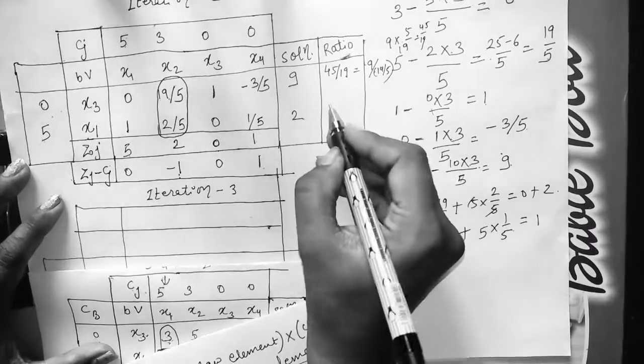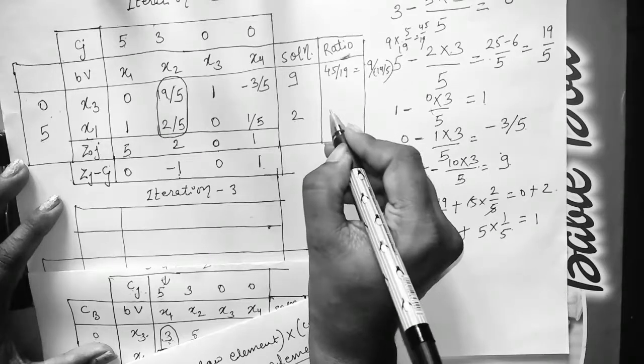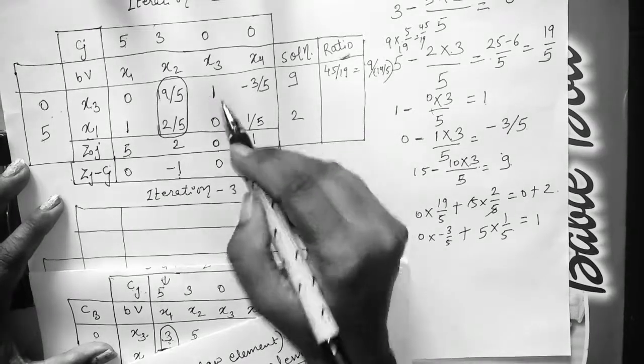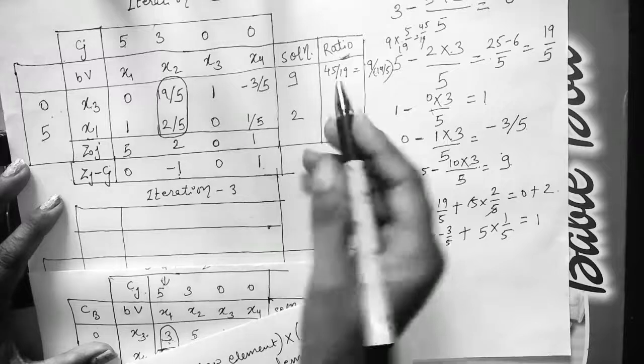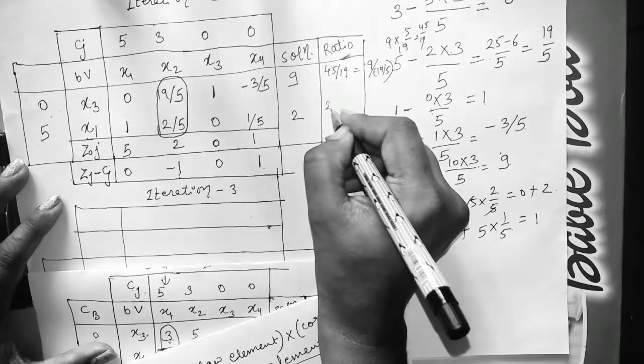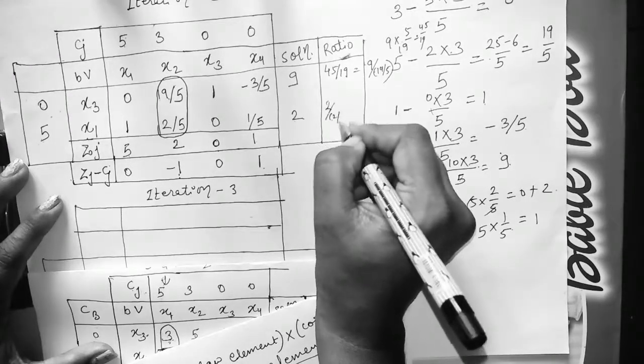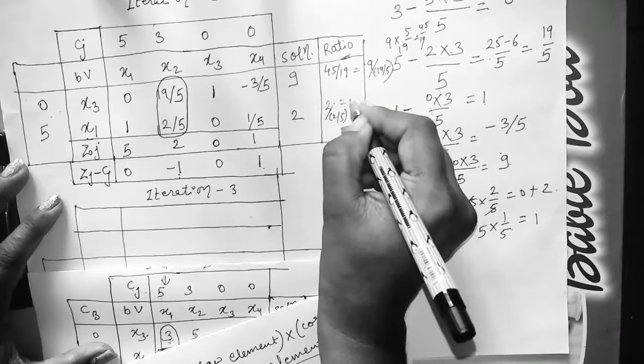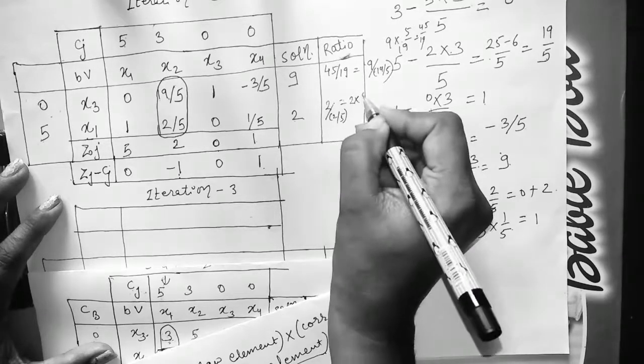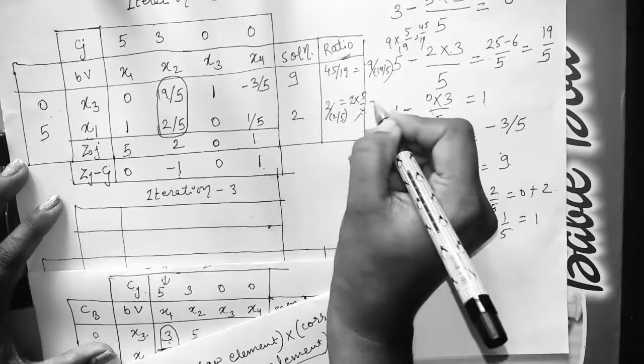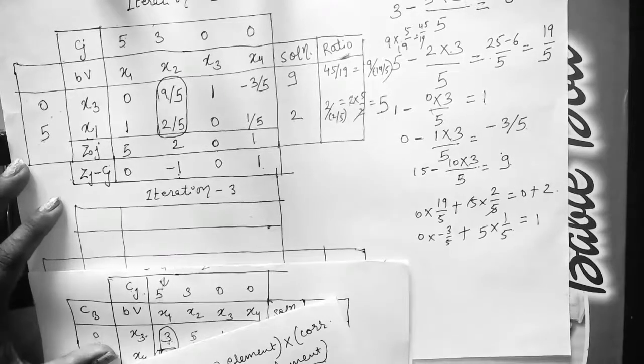Now this will be 2 upon 5, which is equal to 2 into 5 upon 2, and this is equal to 5.